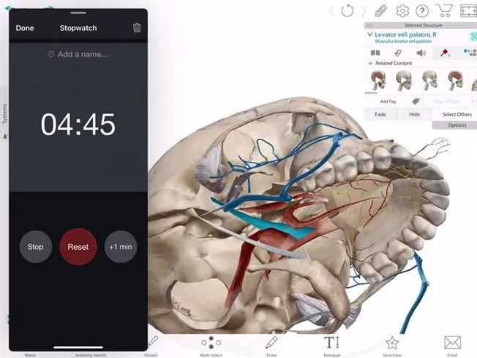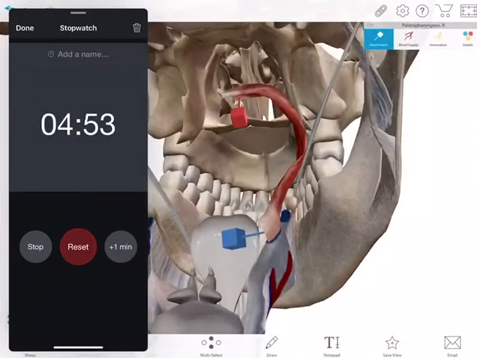The third muscle we want to talk about is the palatopharyngeus muscle. It makes an attachment between the palate and the pharynx. Origin is from the superior surface of the palatine aponeurosis. The insertion is in the pharyngeal wall mainly.